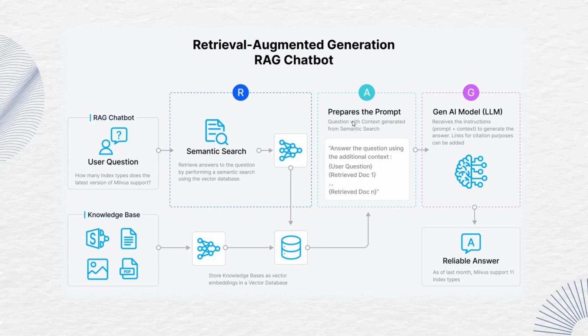Now we have both the query and the data and we are passing it to the prompt, the prompt that has been set for the particular LLM, as they work on prompts, right? So here we add additional context to the prompt, as you can see in this particular box.